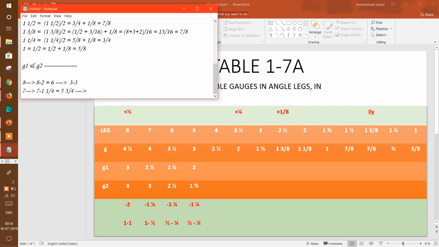And we're going to divide it into 2 equal halves, yeah. How are we going to divide this one into 2 equal halves? One is 3 and another is 2 1 by 2.